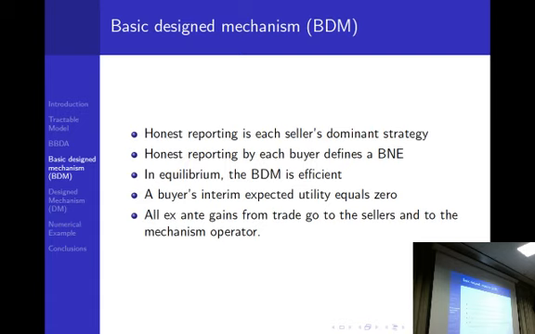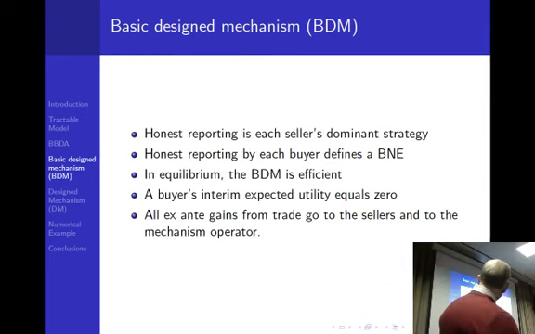Then we're going to distribute some extra gains from trade, which the mechanism operator has been collecting, to buyers, and see how well we can do. So we do first a basic design mechanism that understands the incentives, and then we'll see whether we can correct some of the problems of that. And we won't be able to correct them as well as we would like.